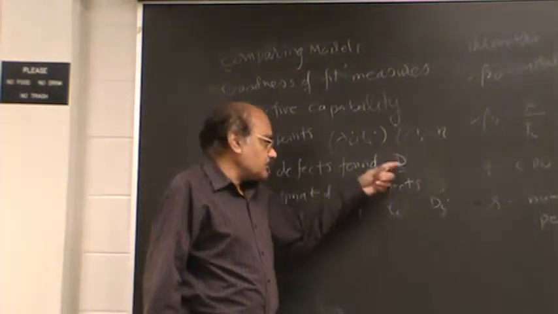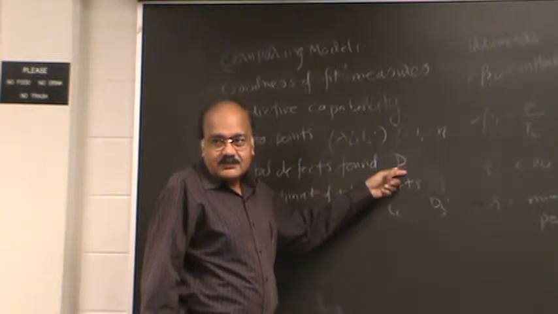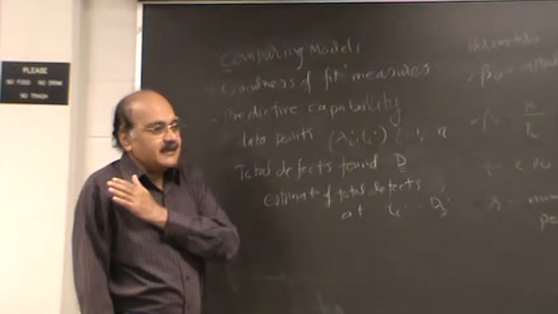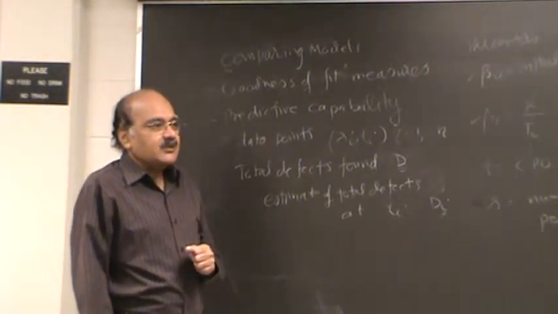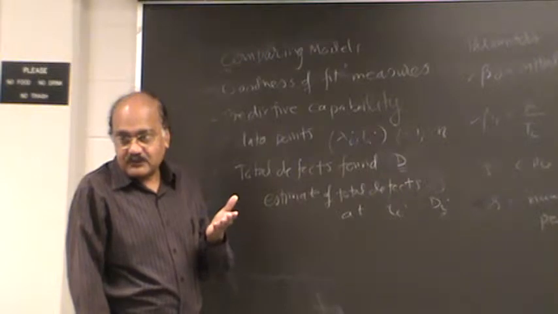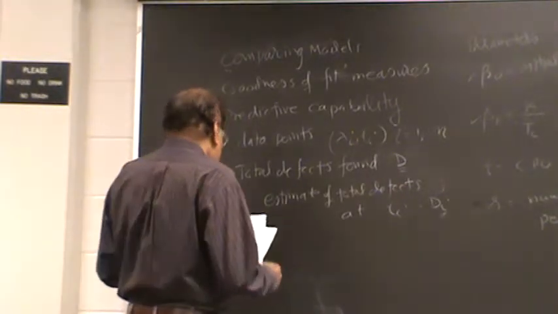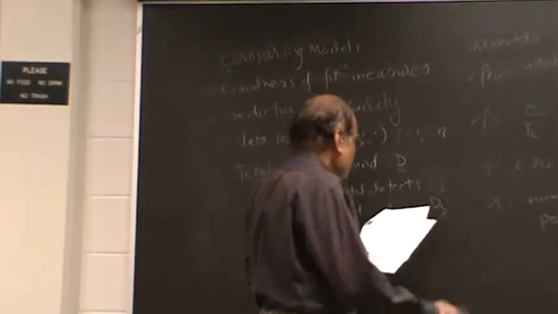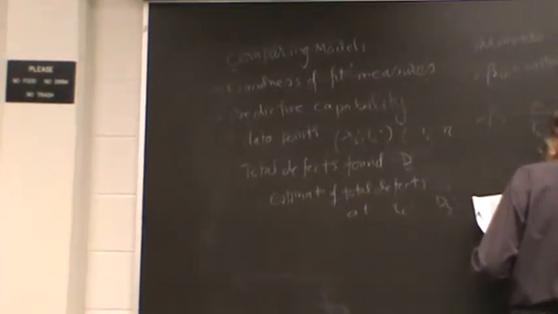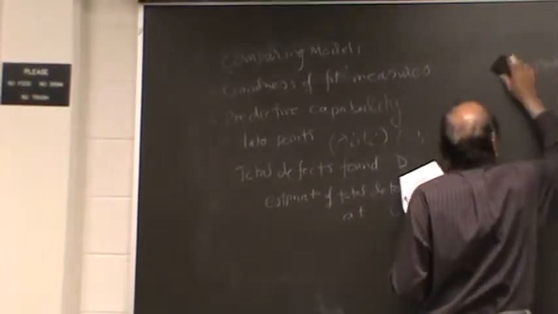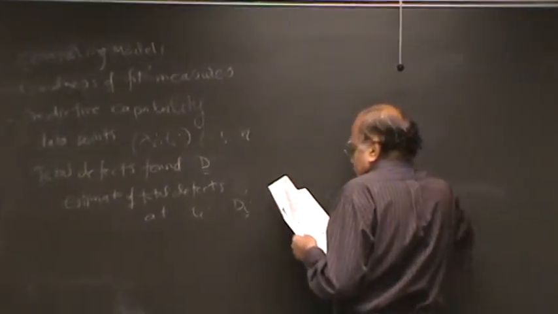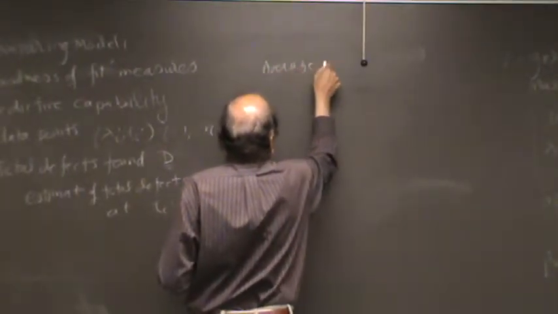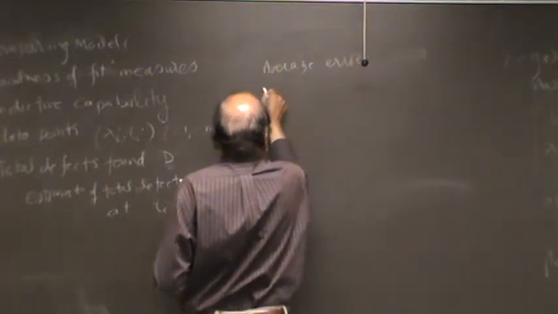Okay, how far is your prediction from the real number? You are of course not going to know as long as you are doing testing, but at the end, when you have all the data, you can evaluate the predictive capability of your method. So you can evaluate two things. You can evaluate the average error, and let's call it AE.